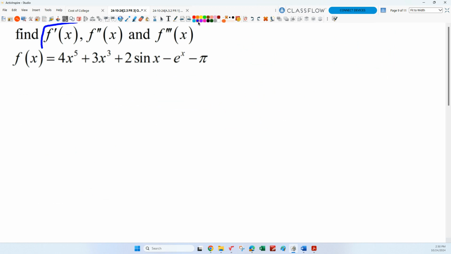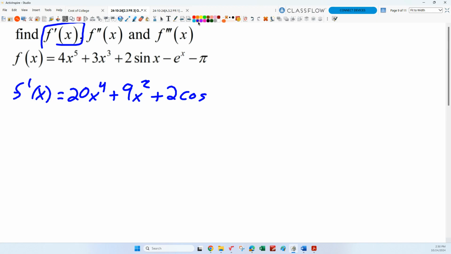So first derivative of this, well, that's not all a polynomial. What do we get? Okay, second derivative.